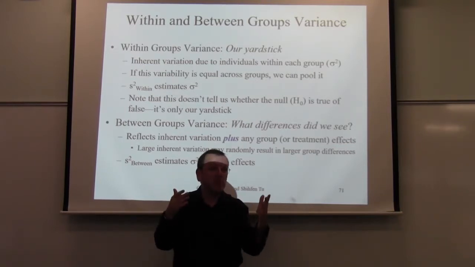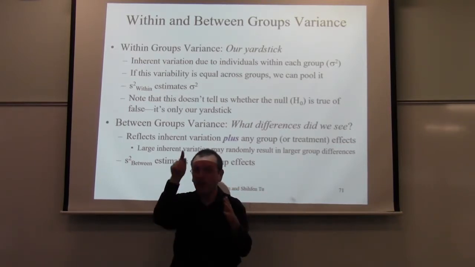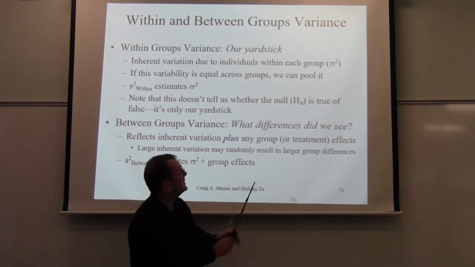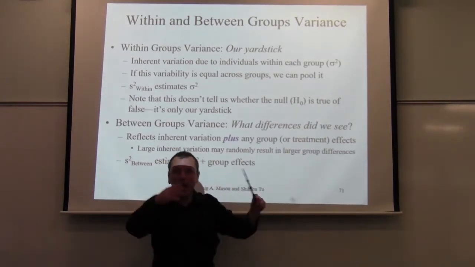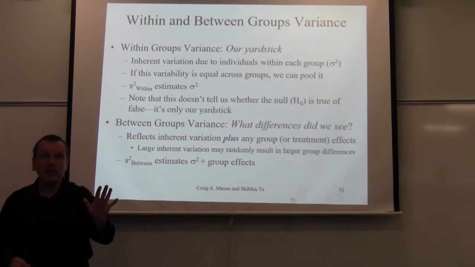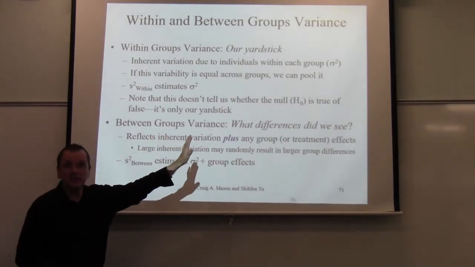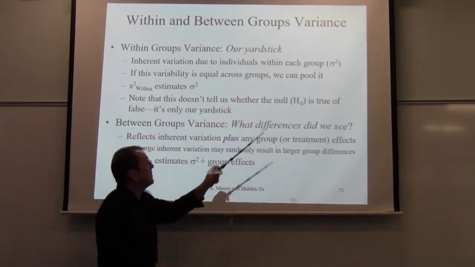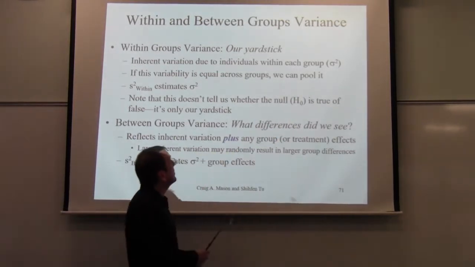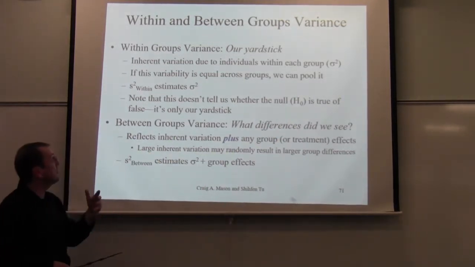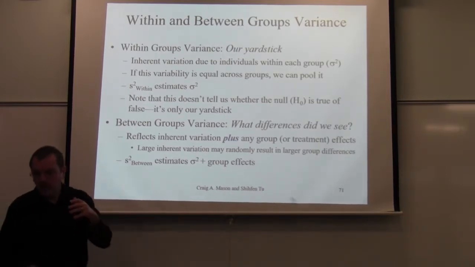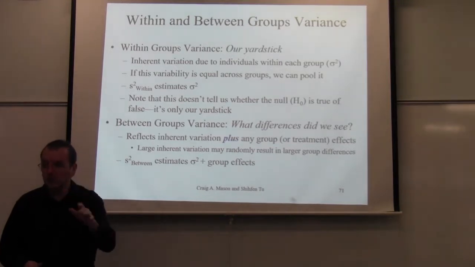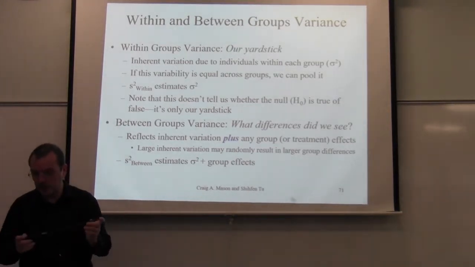What's the population variance in that big normal curve? Sigma squared. So conceptually, with a simple ANOVA, that within group variance is estimating sigma squared. We can use it as an estimate of what that sigma squared is.